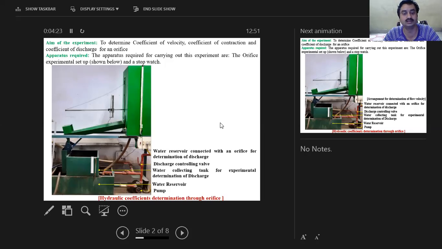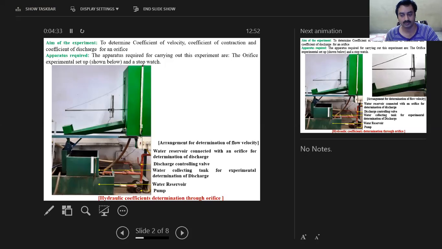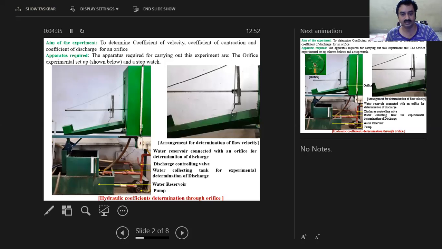You can see my cursor: this is your tank where you have an orifice attached. You have a special arrangement here, made for the purpose of determining the actual velocity.